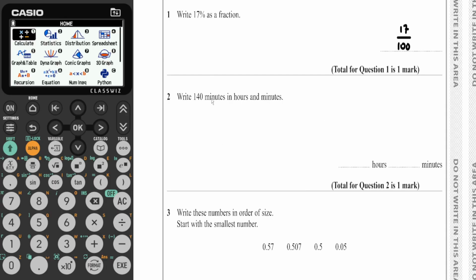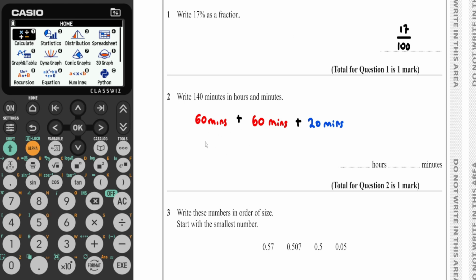Question number 2. Write 140 minutes in hours and minutes. Well, the 140 minutes we can rewrite as 60 minutes plus another 60 minutes, and then we add on to this another 20 minutes.